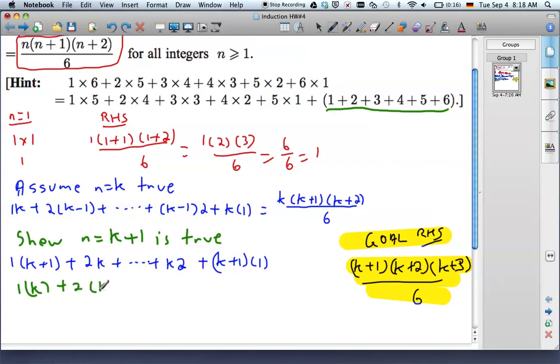So instead of a k, I put a k minus 1. And I carry on like that. Instead of a k, I have k minus 1. And instead of a k plus 1, I simply have k. Now, don't forget, we've got to add 1 to 6 in this case. So I need to add 1 plus 2 until I get to k plus 1.